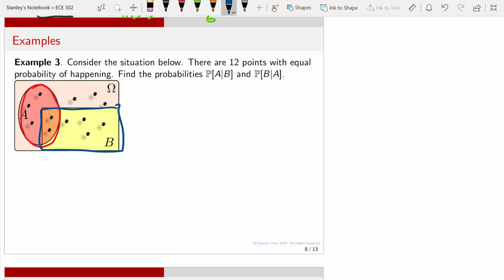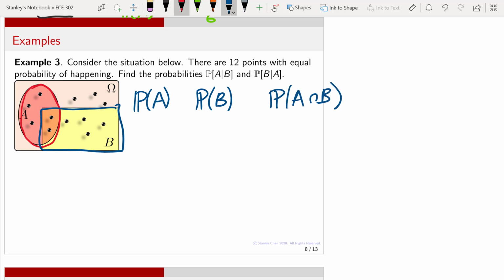And so if I want to calculate this probability of A given B, essentially I need to find 3 probabilities: probability of A, probability of B, and probability of A intersect B. So what is the probability of A? We just need to go to A, and then count how many points are there in A. So within this red circle, we have 5 points, and so this is 5/12.